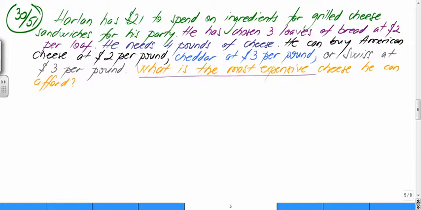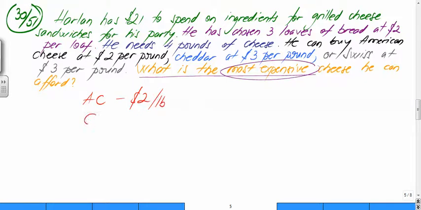So we have three types of cheese: American, cheddar, or Swiss. American cheese is $2 per pound.